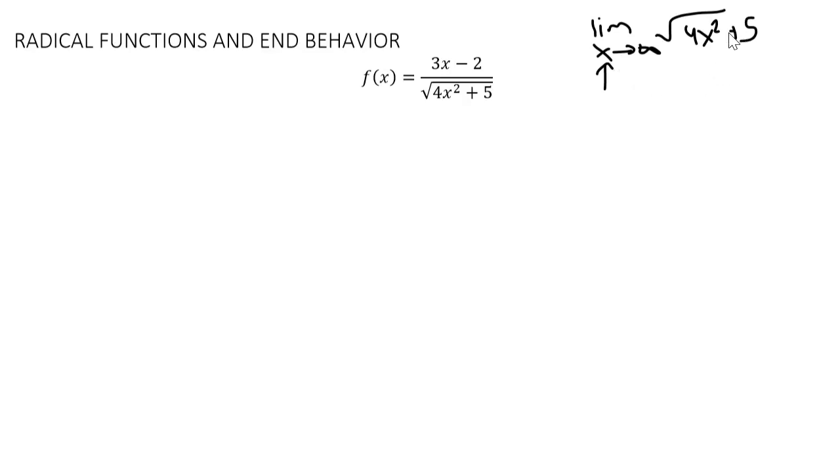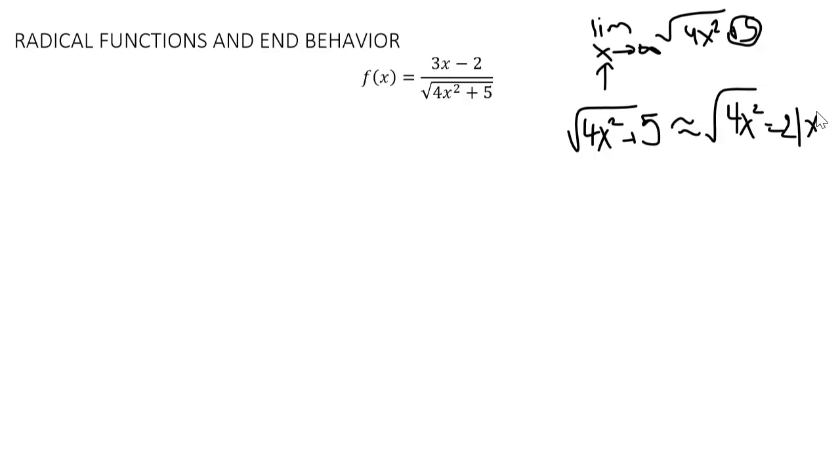In that scheme, we're really not needing this 5, because for very, very large values of x, 4x squared plus 5 is going to be about the same as 4x squared. And if I simplify that, it's basically 2 absolute value of x, since x can be either positive or negative and get the same result.